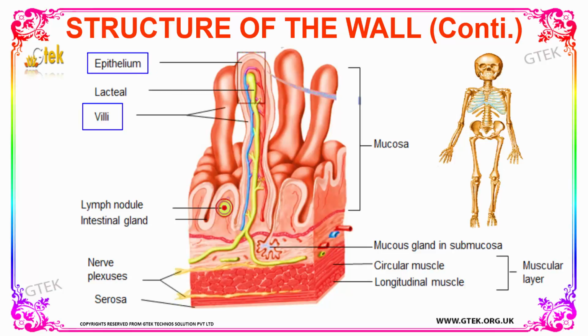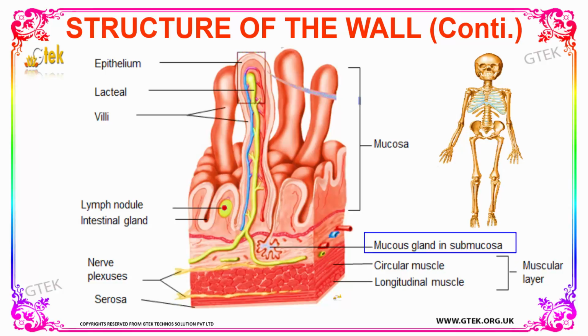Your villi have an epithelium, inside which you will have the lacteal, and this is connected by the lymph nodule and the intestinal gland to the mucous gland in the submucosa.